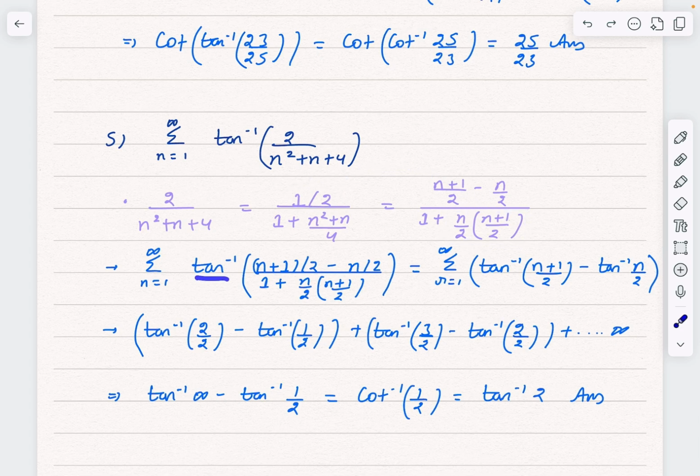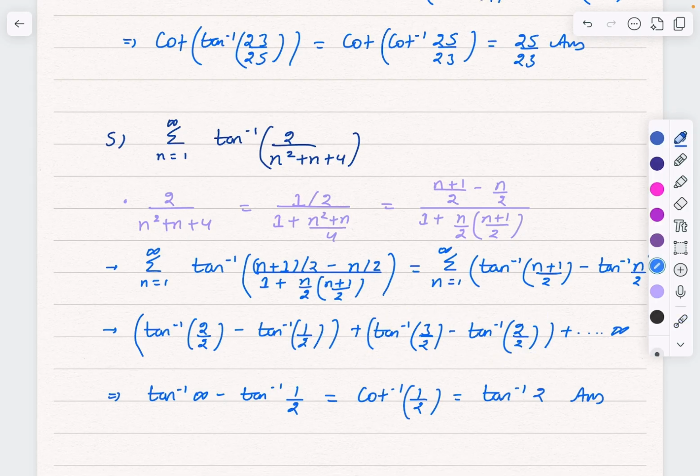So now you get tan inverse of (x minus y) by (1 plus xy), which will become tan inverse of x minus tan inverse of y. Now you put n from 1 to infinity. So when you put 1 here, you get tan inverse 2 by 2 minus tan inverse 1 by 2. When you put 2 here, you get tan inverse 3 by 2 minus tan inverse 2 by 2, up to infinity.